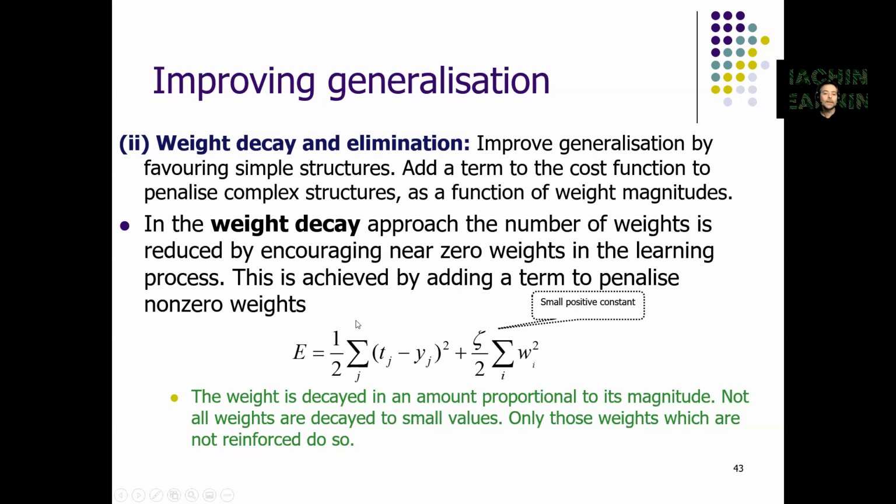So you have the normal form of the error, which is the first term, plus an extra term. And this extra term is called the penalty term. You add it to penalize weights which get large. So this penalty term tries to penalize non-zero weights.